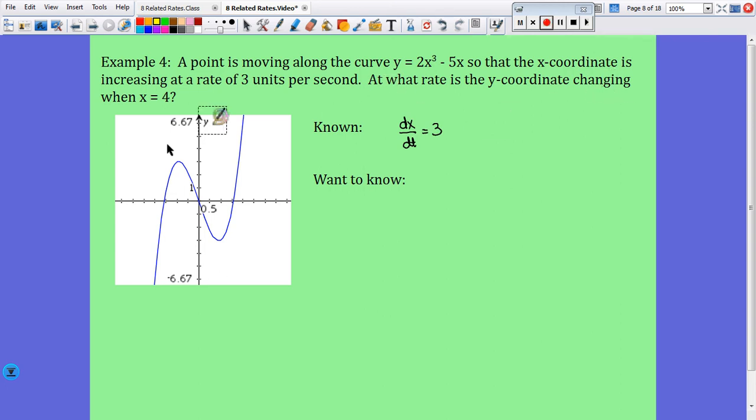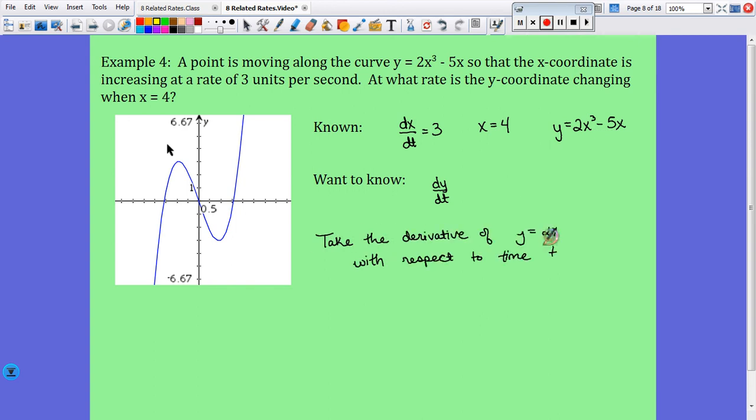What is the rate of change of the y-coordinate when x is 4? So we know x is 4. And the other thing we know is the equation they gave us, y equals 2x cubed minus 5x. What they want to know is the rate the y-coordinate is changing, so we want to know dy/dt. So all we're going to do is take the derivative of y equals 2x cubed minus 5x with respect to time. So we've got dy/dt equals 6x squared dx/dt minus 5 dx/dt.